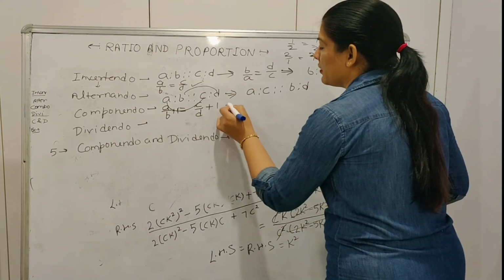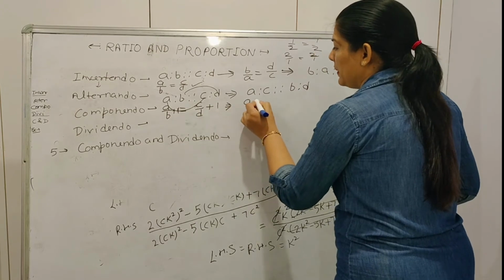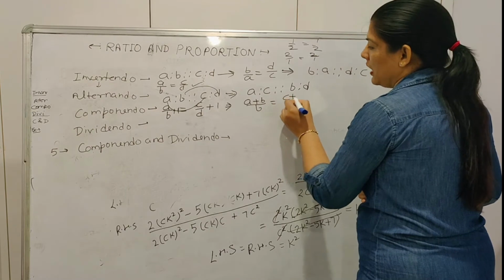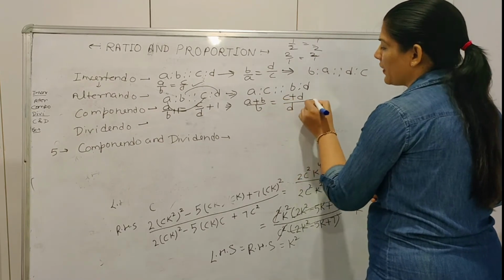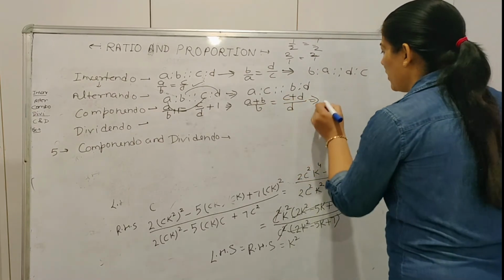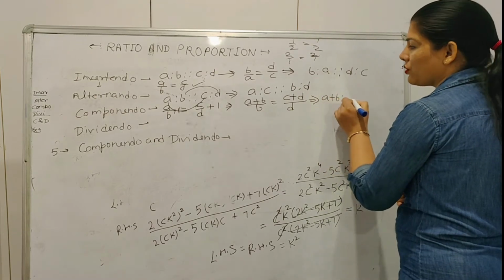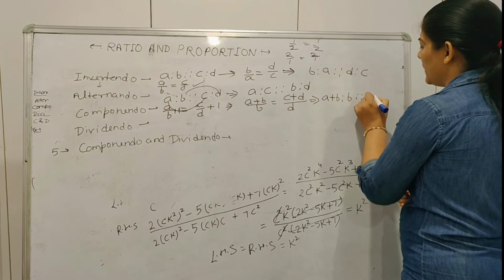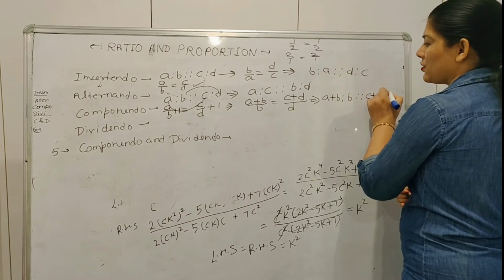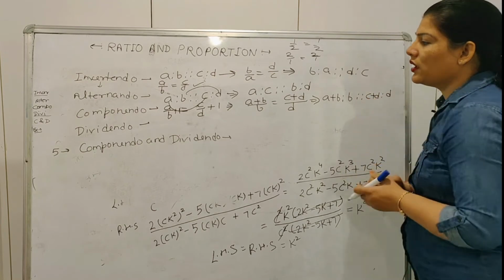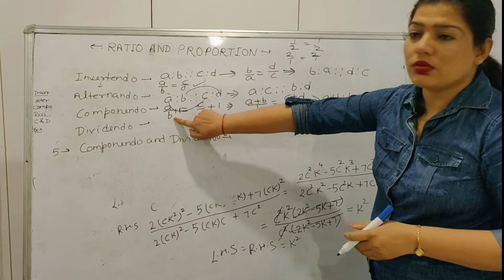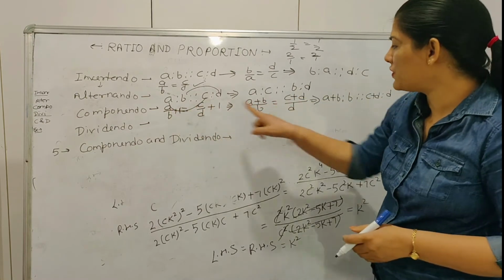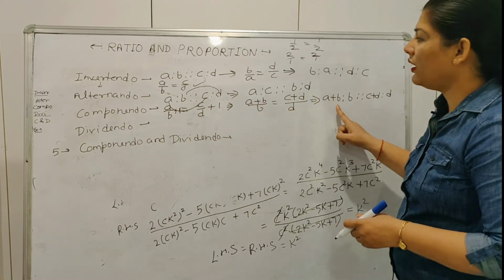But we can have another property here, A plus B by B is equals to C plus D by D. So we can have here A plus B ratio by B is proportional to C plus D is to D. If you take the LCM, A plus B into 1 gives you B. So this is called componendo.